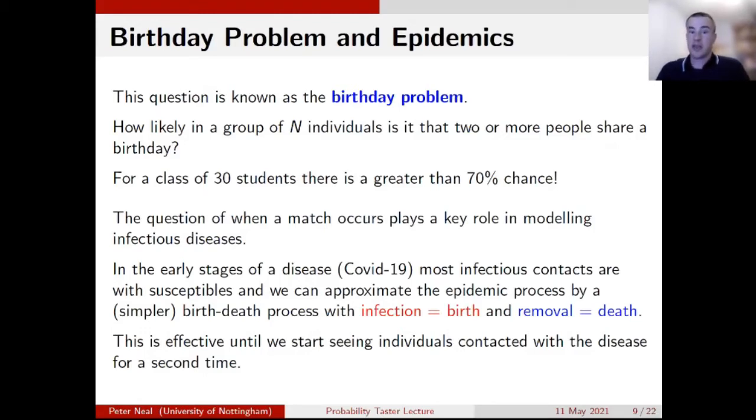Basically, infections equal birth and removals of individuals equal death. Removal here could refer to, in extreme cases, death or recovery from the disease. We can come up with a good match between the two processes until we start trying to reinfect people who've already been infected. And that's a whole separate talk.